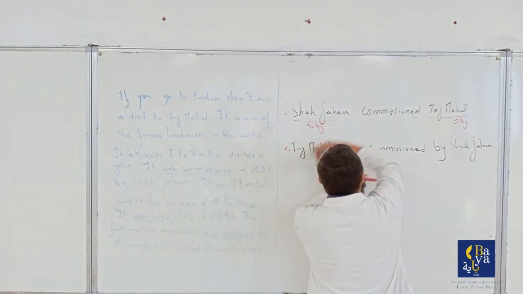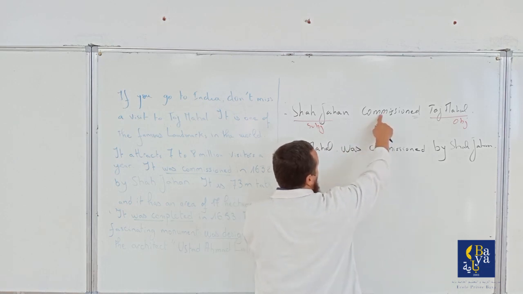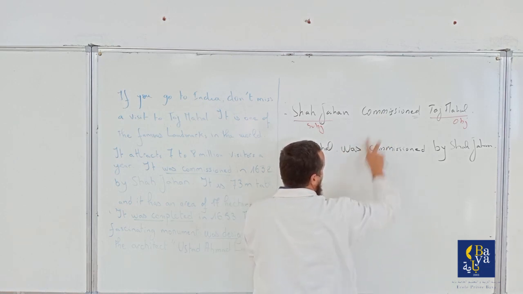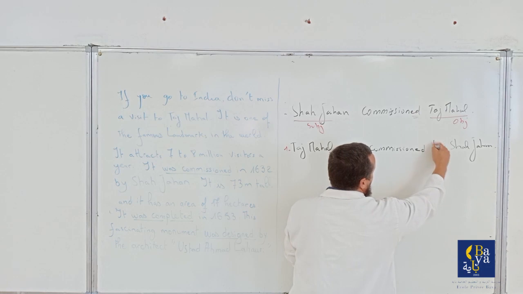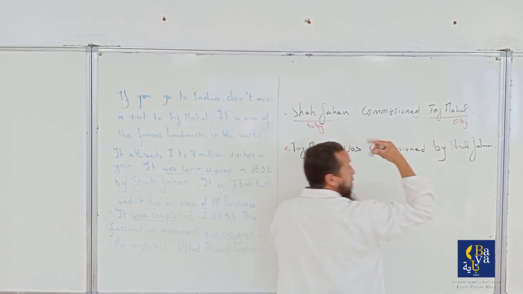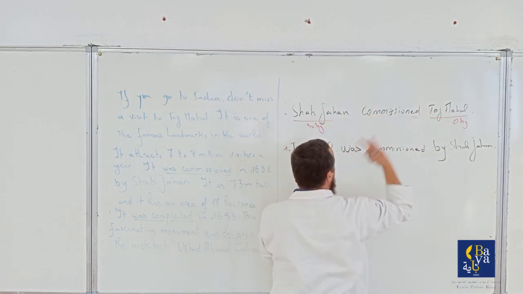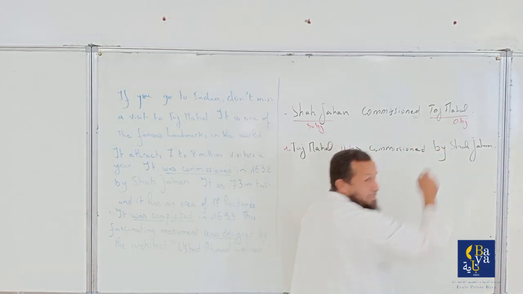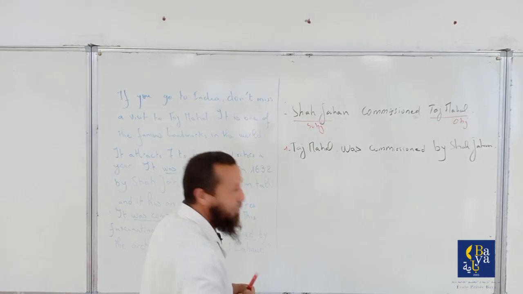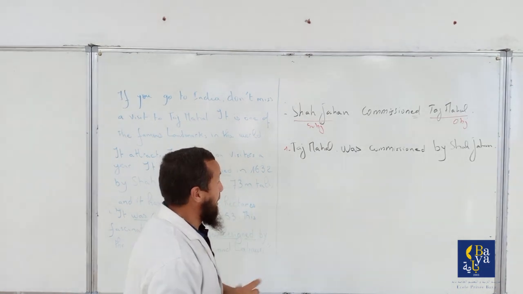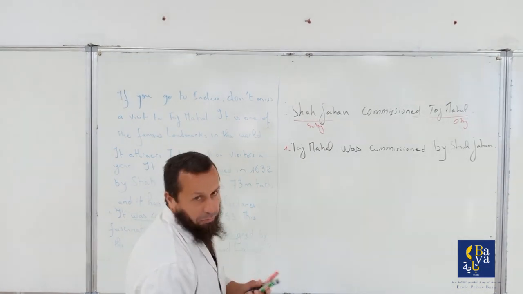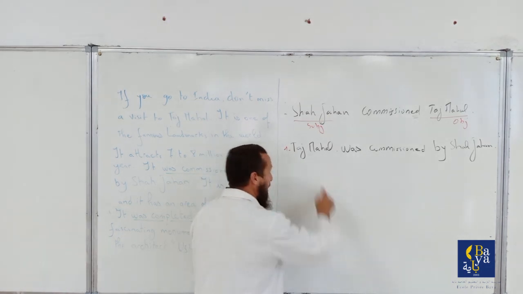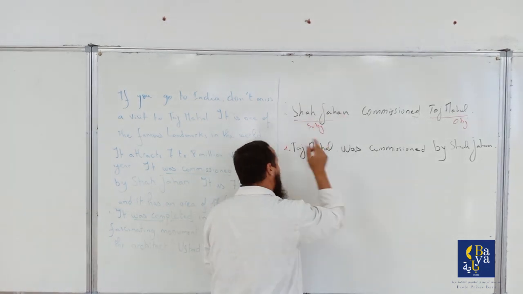Here, 1, this is the second, this is the third. 1, 2, and 3. Got it? Now, Taj Mahal was commissioned by Shah Jahan. This is the passive voice. Here we are talking about Shah Jahan, and here we are talking about Taj Mahal.